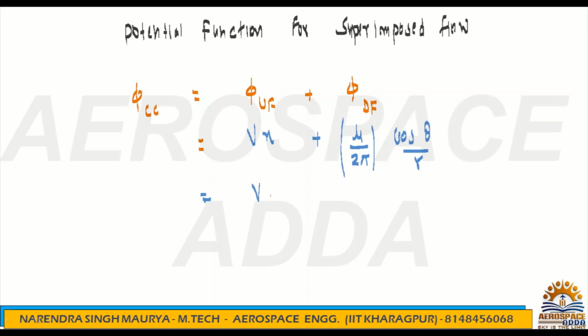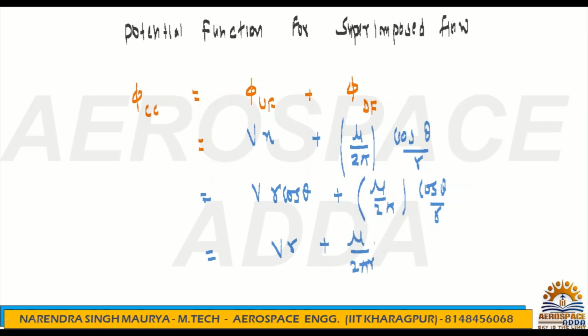Nothing but Vx is V r cos theta plus mu upon 2 pi, cos theta by r. You can take cos theta common here, so it's V r plus mu upon 2 pi r, times cos theta.